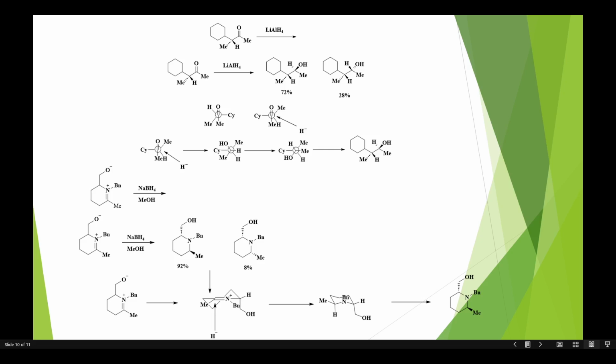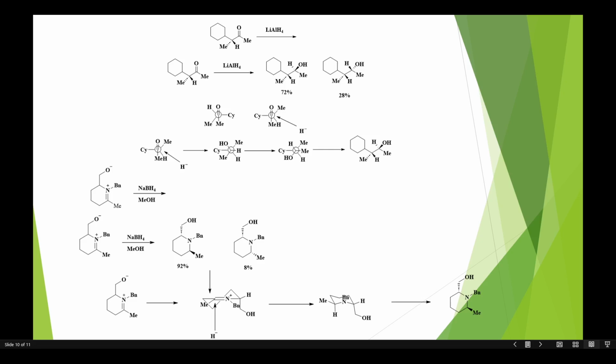If your attack comes from the above position, then it will convert to the corresponding half chair conformation. You just see, when it attacks, this one will come down. Then you will get a half chair conformation. But when your attack comes such that your carbon goes upward, then you will get a chair conformation.